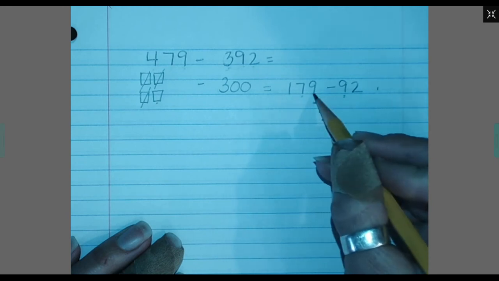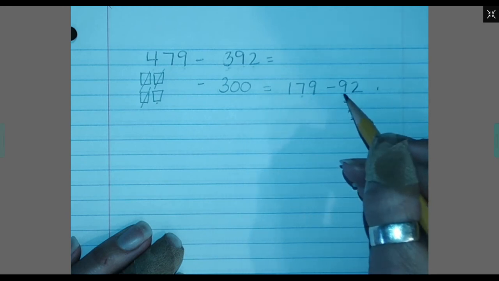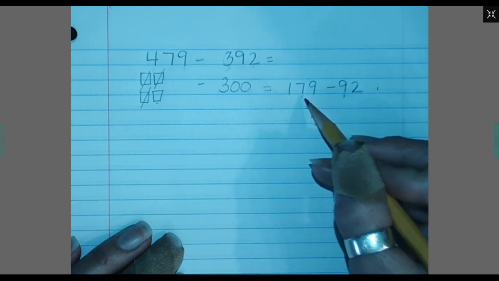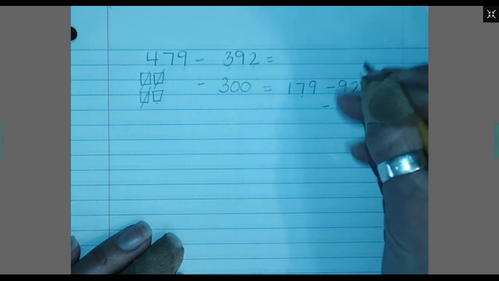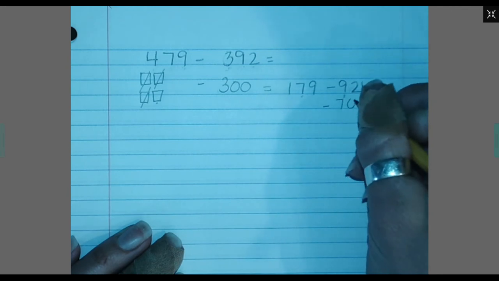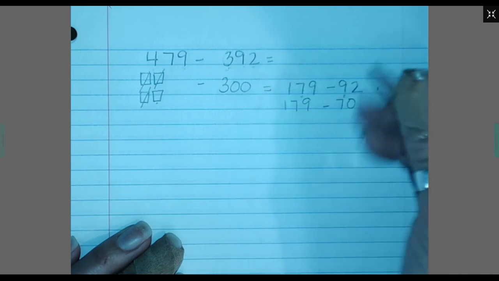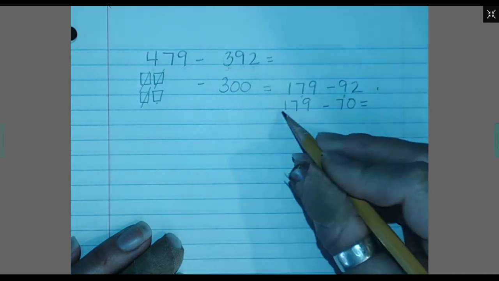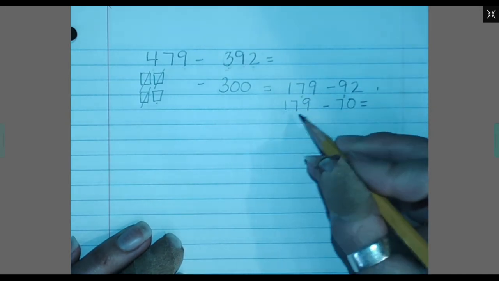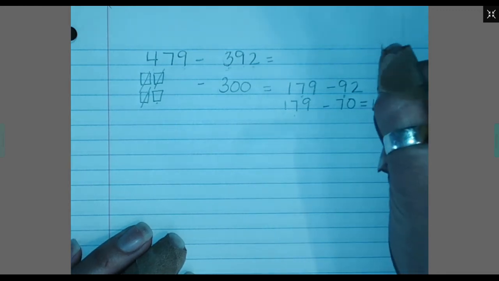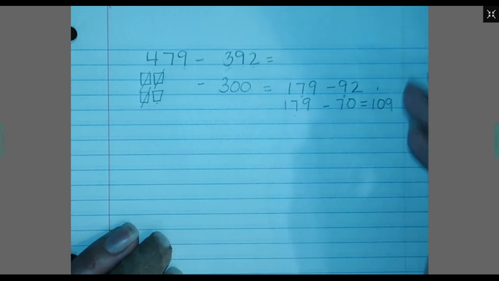If I have 179 and I take 7 tens away, then I'm going to have no tens left. So if I take 7 tens, which the value is 70, away from 179, I end up with 109. Those 7 tens go away. So I'm left with 109.